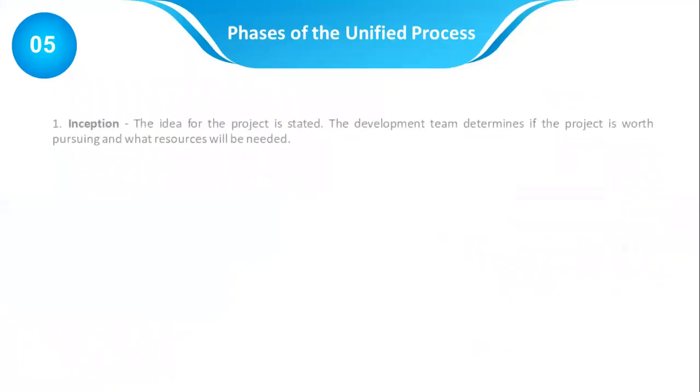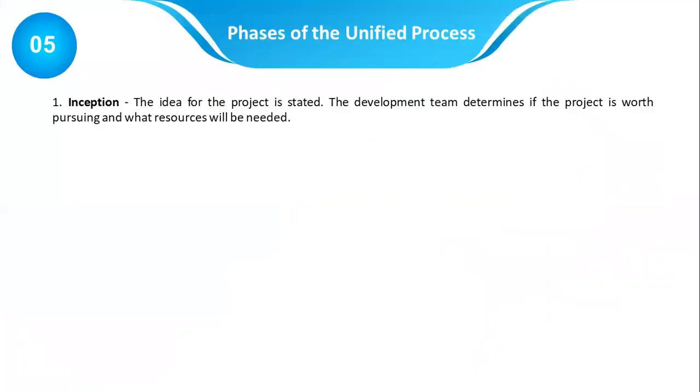Coming to the first one, that is the inception phase. In the unified model, the inception phase is concerned with project feasibility. What should the software do, in broad terms rather than specifics, what are the high risk areas, should the development go ahead? Inception is usually a short phase, often having no more than one iteration.